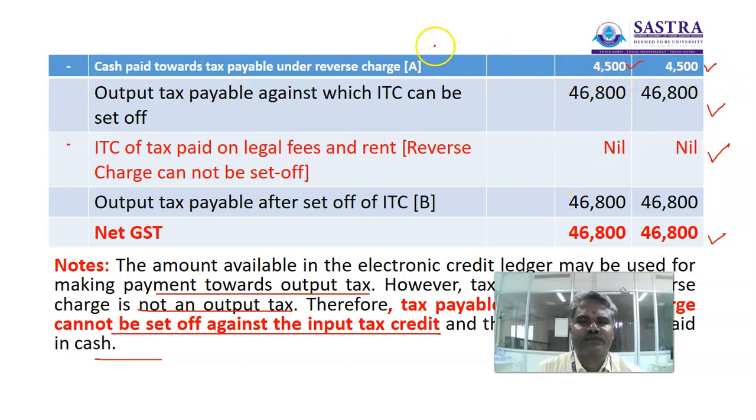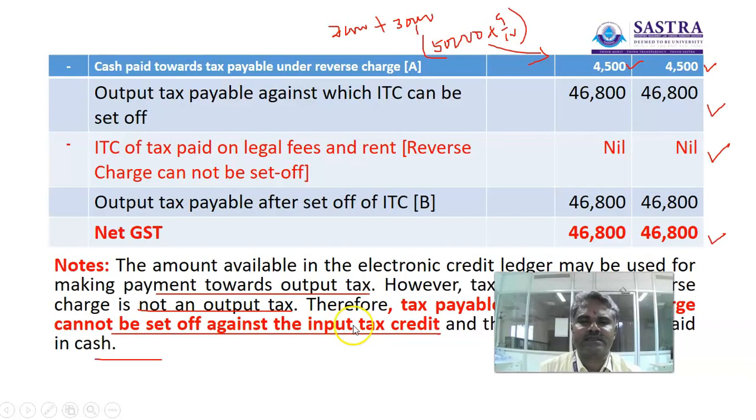This 4,500 is 50,000 plus 30,000. Okay, that's all. This is what payment of tax.